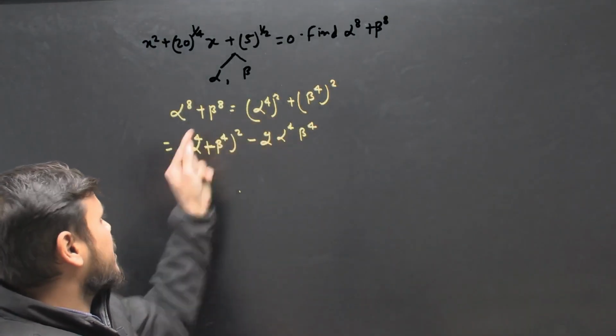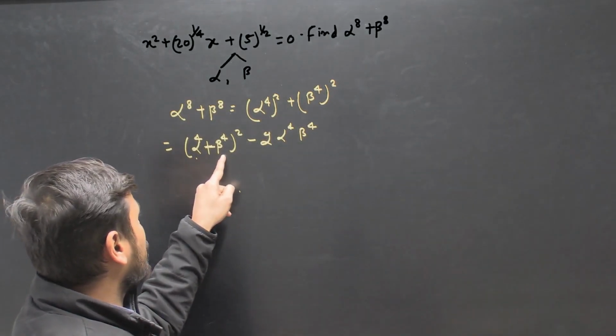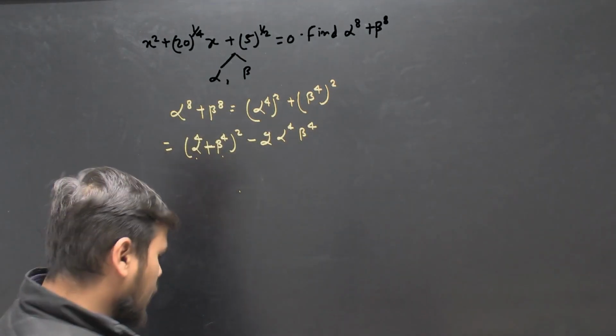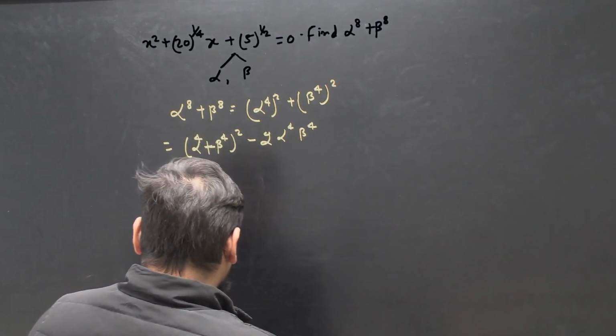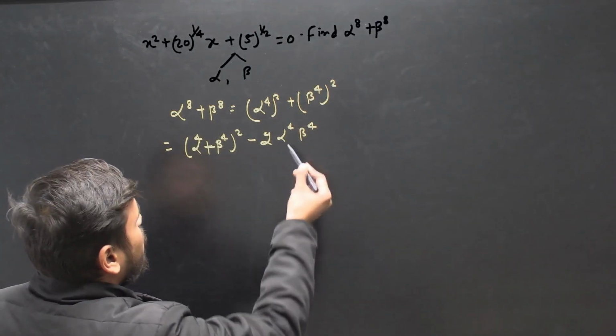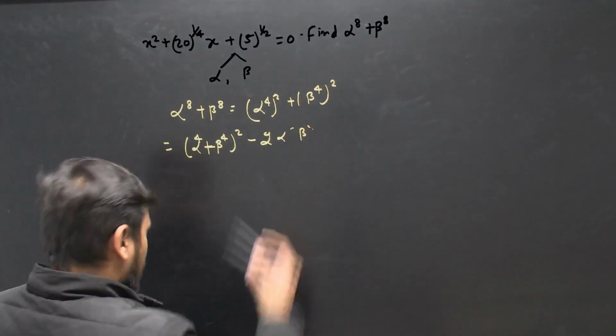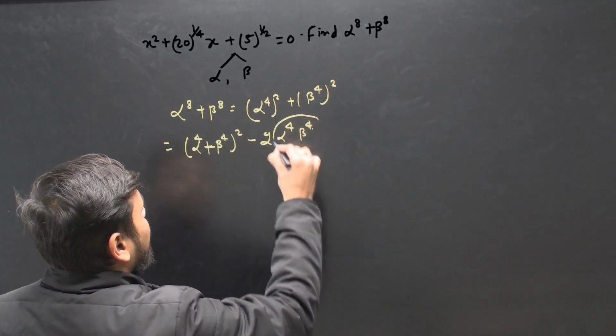So alpha raised to power 4 is working as x, beta raised to power 4 is working as y. Now we can directly put the value of alpha into beta whole raised to power 4, since we already know the value of alpha into beta.